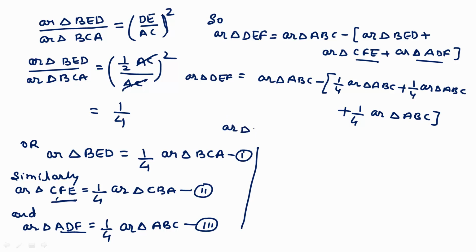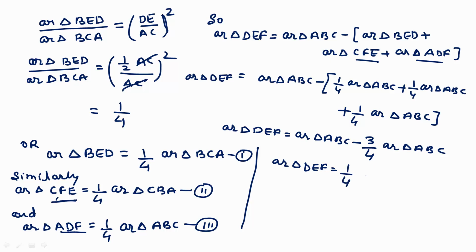Area of triangle DEF is equal to area of triangle ABC minus 1 by 4 plus 1 by 4 plus 1 by 4, which is 3 by 4 area of triangle ABC, or area of triangle DEF is equal to 1 minus 3 by 4, means 1 by 4 area of triangle ABC, or area of triangle DEF upon the area of triangle ABC, transferring into the left side.